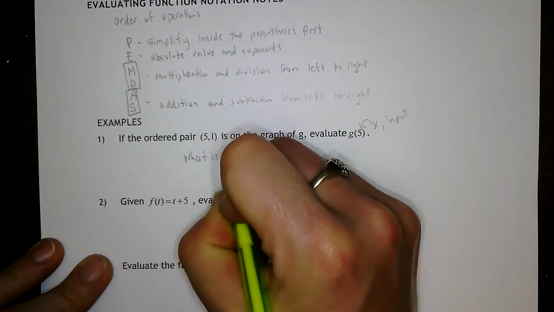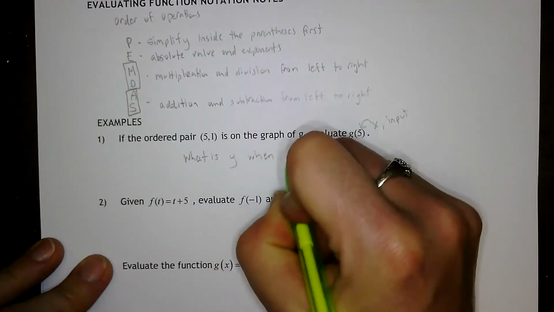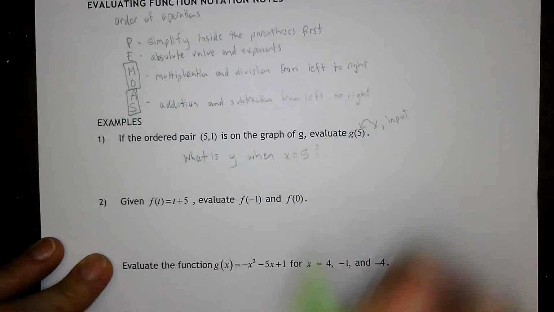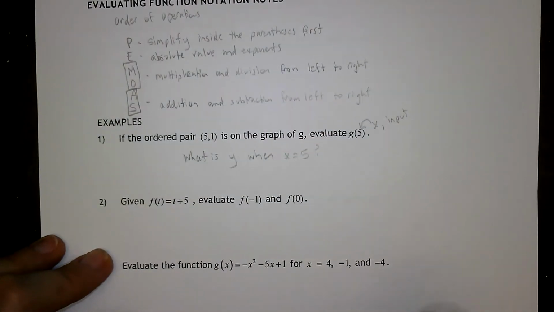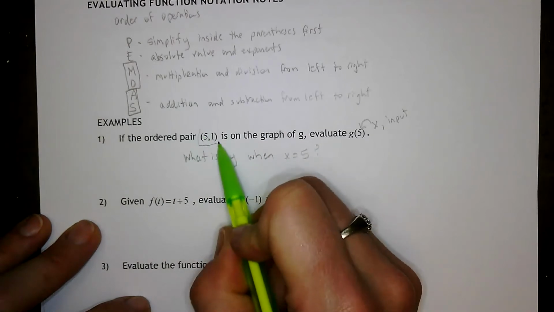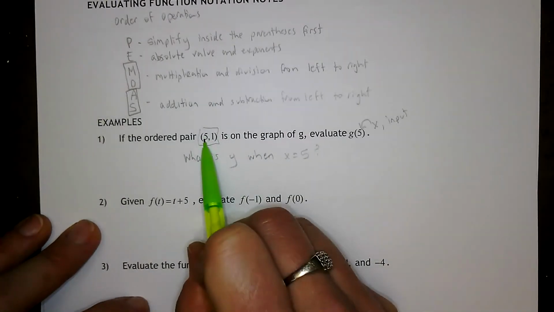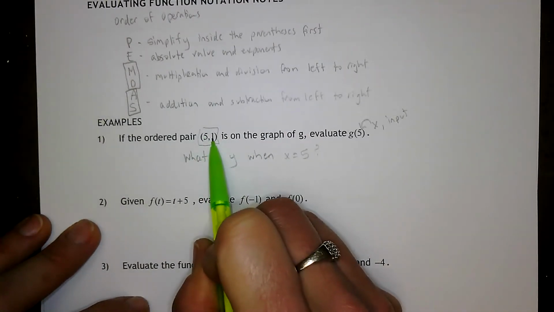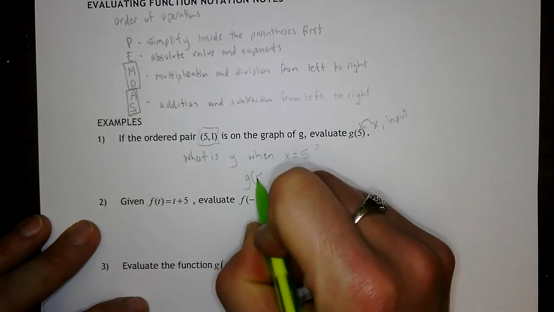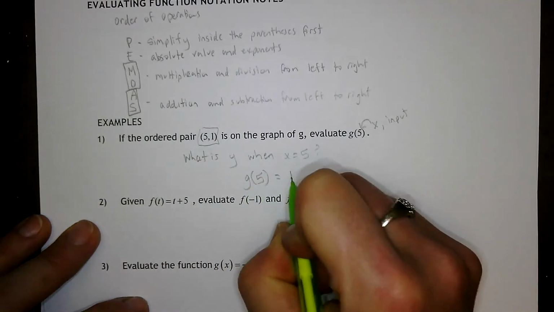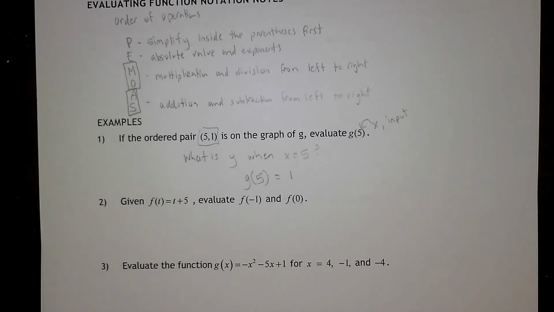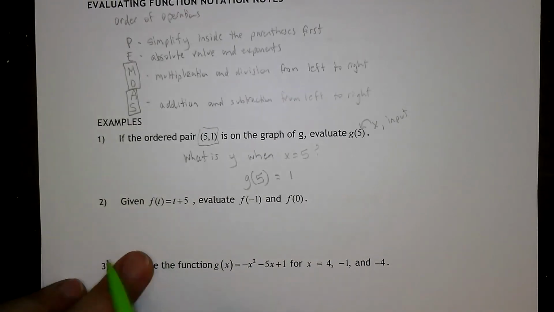Well, it's already told you. It's given you the ordered pair. When x is 5, y is 1. So G of 5 is 1, and 1 is your answer.